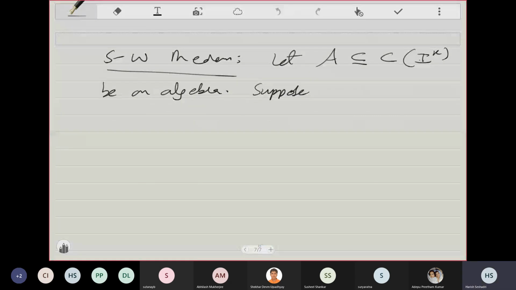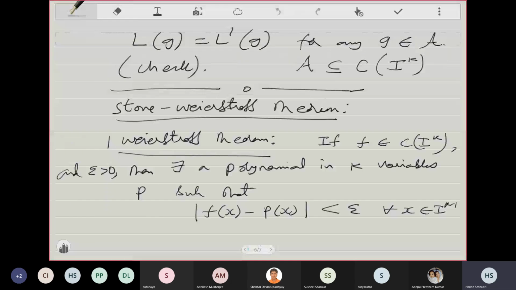So it's an algebra. The idea is that instead of just working with polynomials, suppose I'm given an algebra in C(I^K), can I approximate a given continuous function by elements of that algebra?